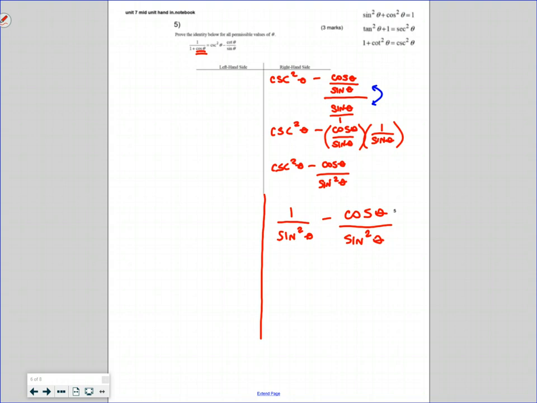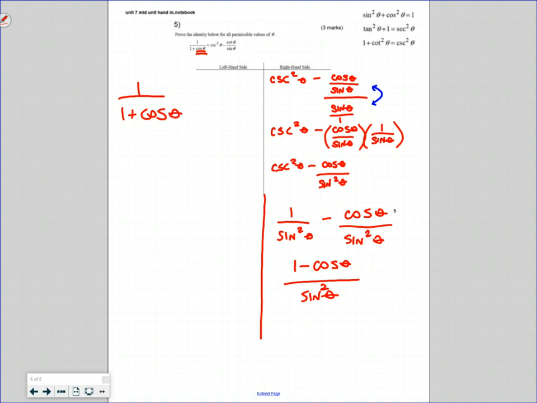We put them together, and in this case, the denominator is the same, so it's not much work here. You put the denominators together. So what we have is 1 minus cos theta over sine squared theta. Now I'm just going to rewrite my left-hand side since it's kind of blurry, 1 plus cos theta.